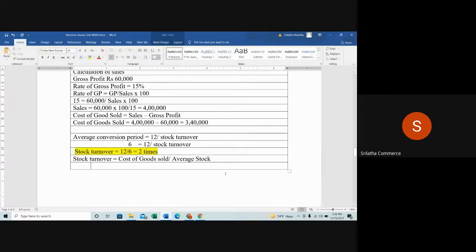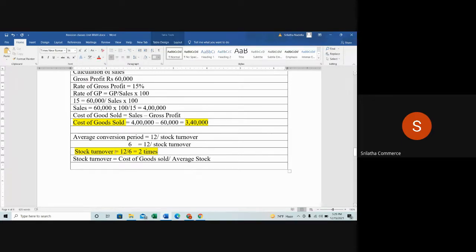We know stock turnover. We know cost of goods sold also, isn't it? Cost of goods sold is how much? 3,40,000.